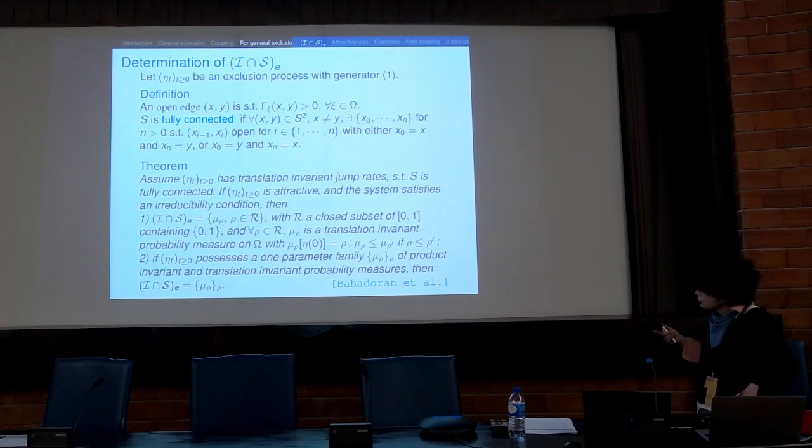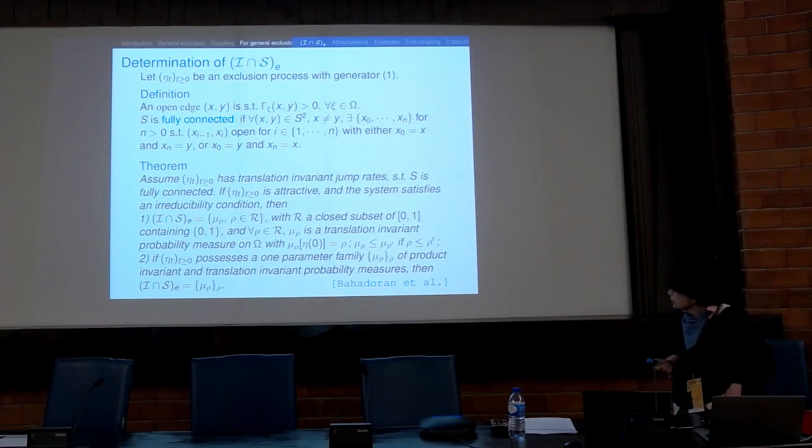These mu rho are ordered, and this rho doesn't belong to everything. It belongs to some closed subset of [0, 1], which contains 0 and 1.